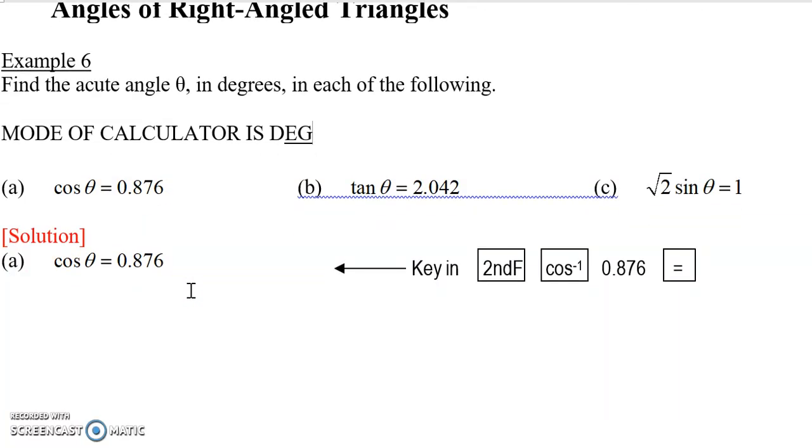Okay, I will proceed to show you one example of how we'll do this via 6a, in which we have cosine theta equal to 0.876. I'll write down the trigonometric equation first.